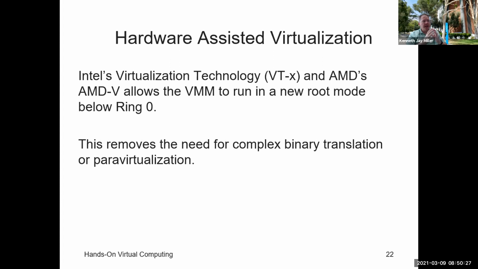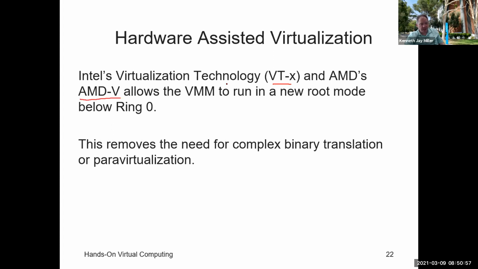And Intel had to modify that code to allow virtualization of 64-bit applications or 64-bit operating systems to run on a 64-bit processor. When AMD and Intel created this, Intel calls it VT-x and AMD calls it AMD-V.